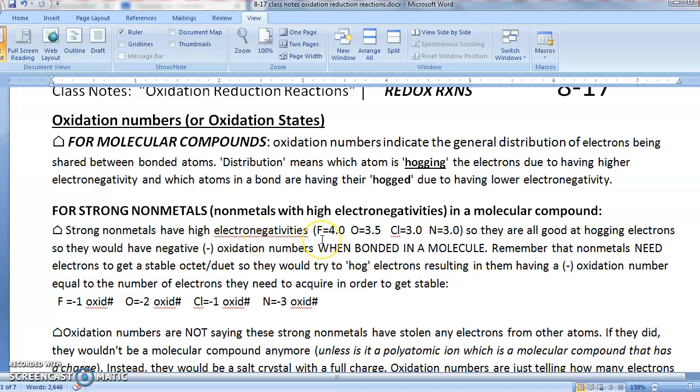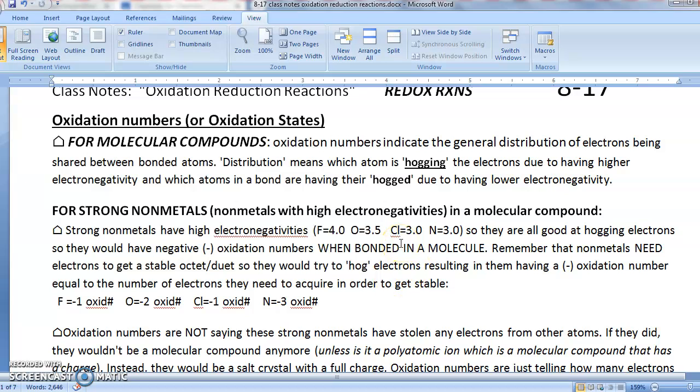Fluorine's the strongest at 4.0, so it will always get its -1 oxidation number. Oxygen is 3.5 electronegativity. It's the second strongest element of all. So most of the time, unless it's with fluorine, it's going to be a -2.